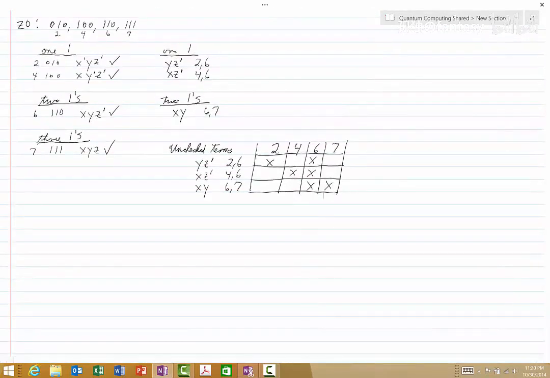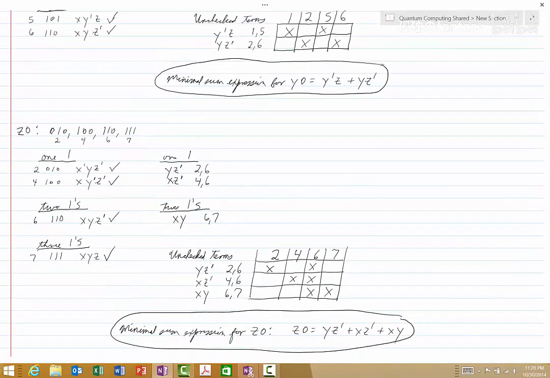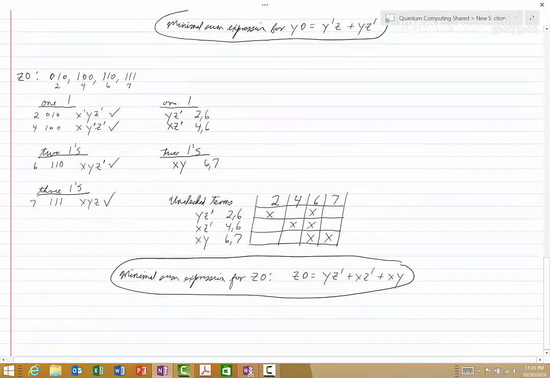So all 3 of these terms are necessary, and the minimal sum expression for Z0 is Z0 equals YZ prime or XZ prime or XY. And now we have found minimal sum expressions for each of our three output variables, X0, Y0, and Z0.